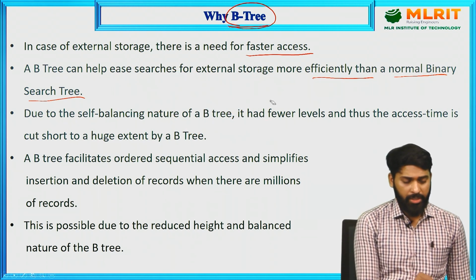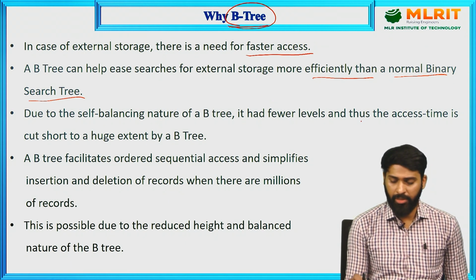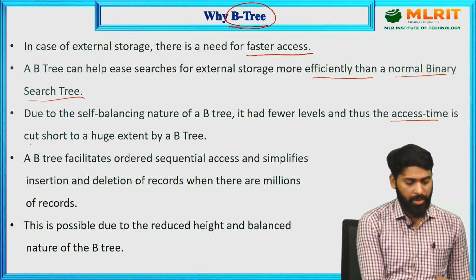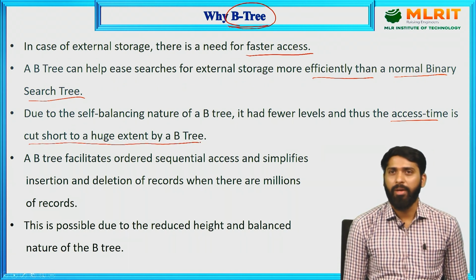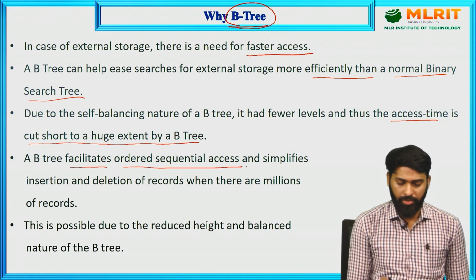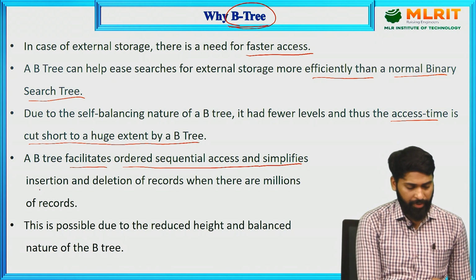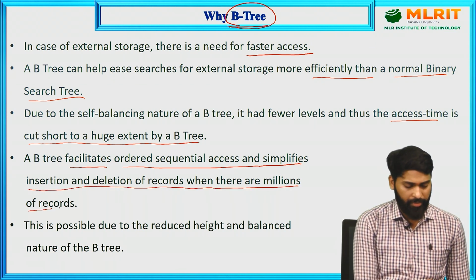Due to the self balancing nature of B tree, it has fewer levels and thus the access time is cut short to a huge extent. A B tree facilitates ordered sequential access and simplifies insertion and deletion of records when there are millions of records.